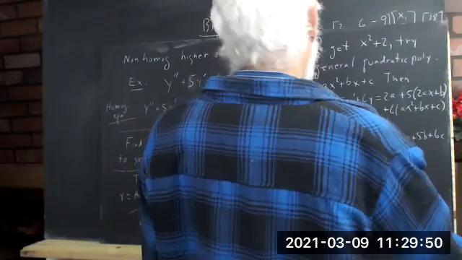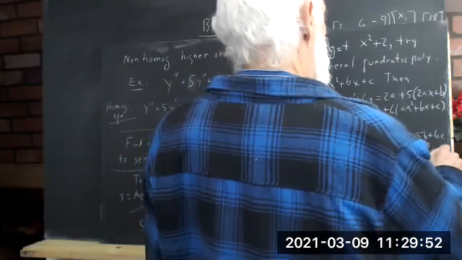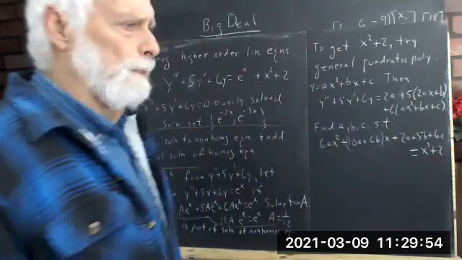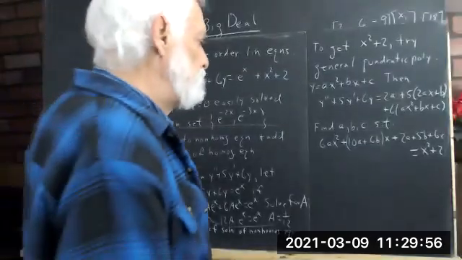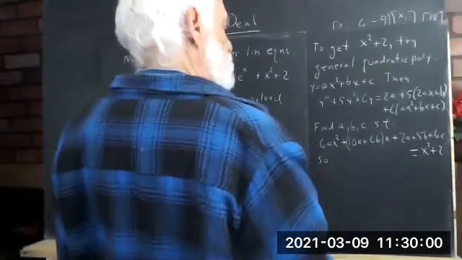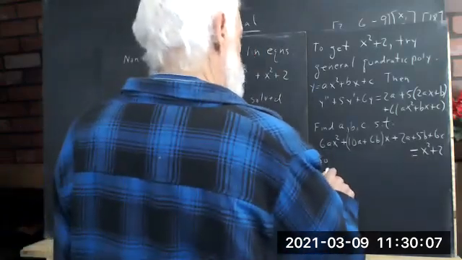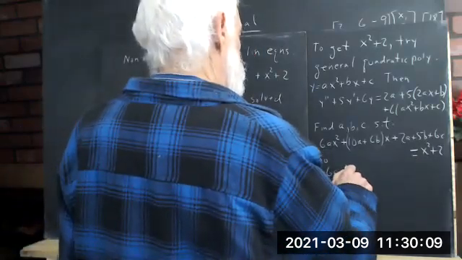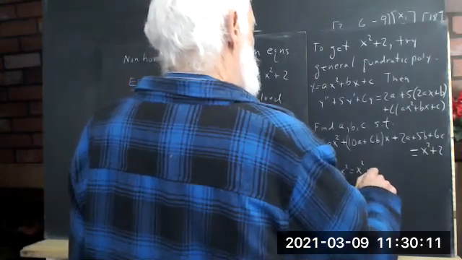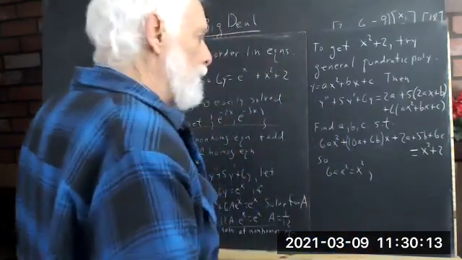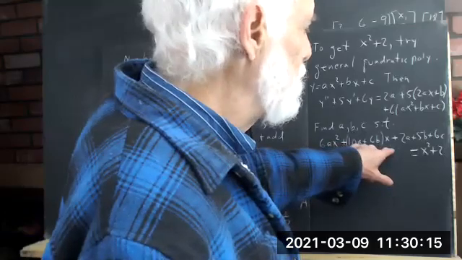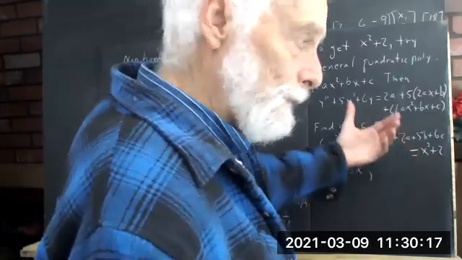And we want that to equal x squared plus 2. So 6ax squared has to equal x squared. (10a plus 6b) times x has to equal 0 because there's no x over here.